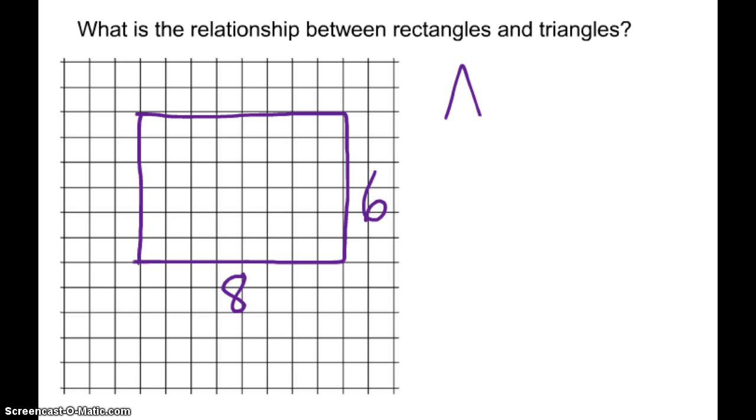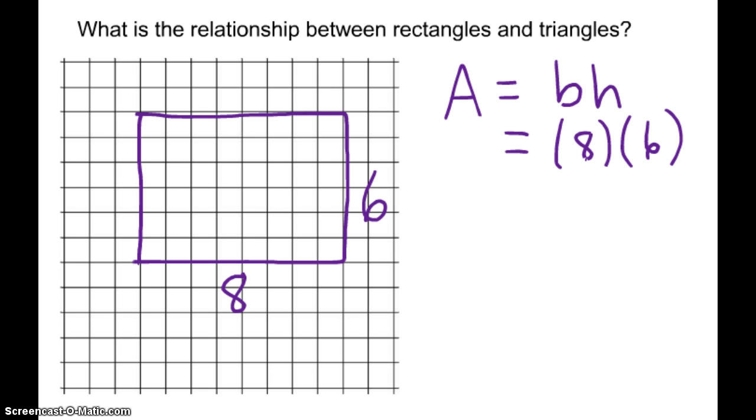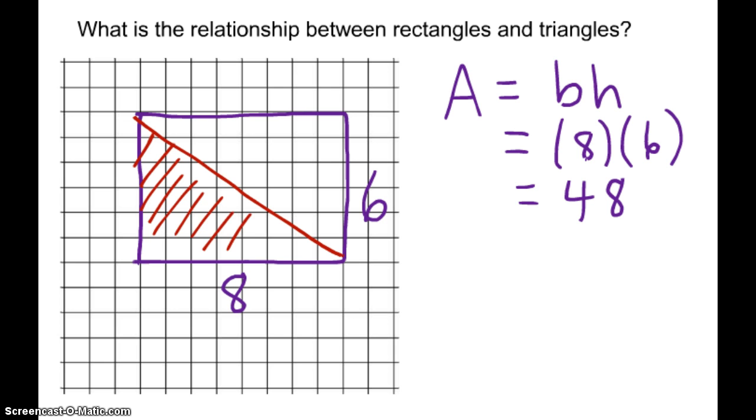We know that the area of the whole entire rectangle, the base times the height, is 8 by 6. And we know that 8 times 6 is 48 units.